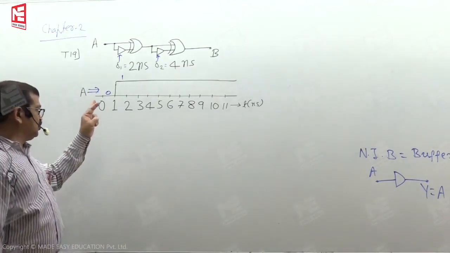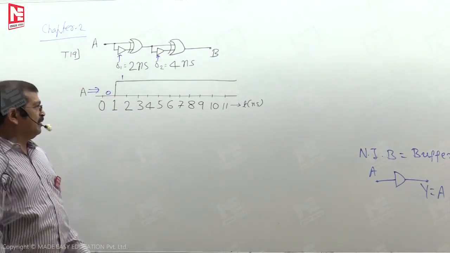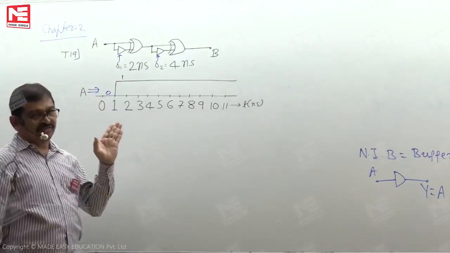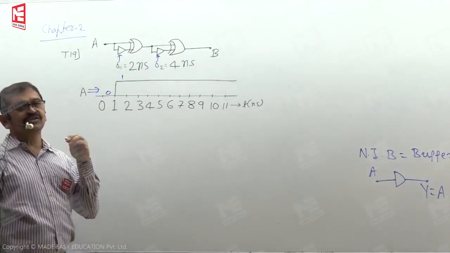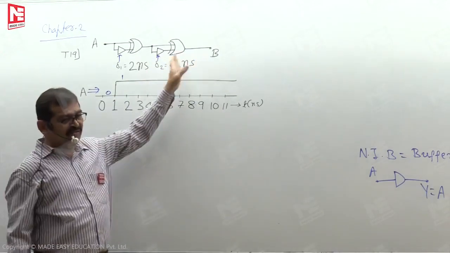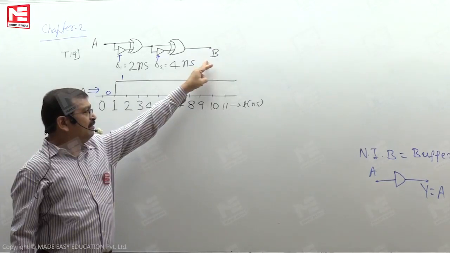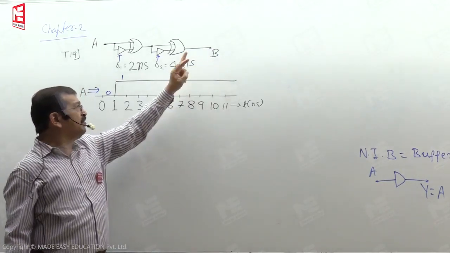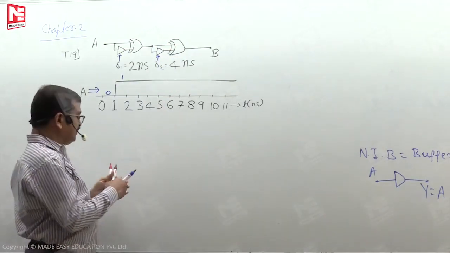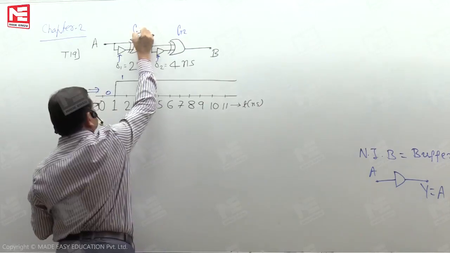The A input changes from logic 0 to logic 1 at t equal to 1 nanosecond. We can answer this question if we know the output waveform B for this applied input. We can draw the output waveform B if and only if we know both the inputs to this gate. Let me name this gate G2, and this gate G1.